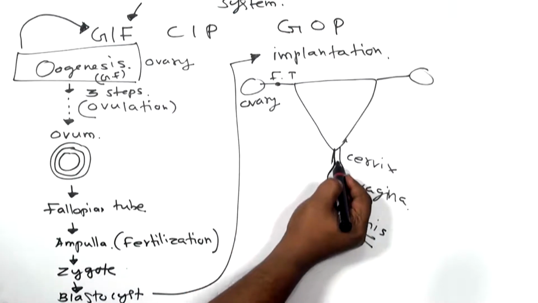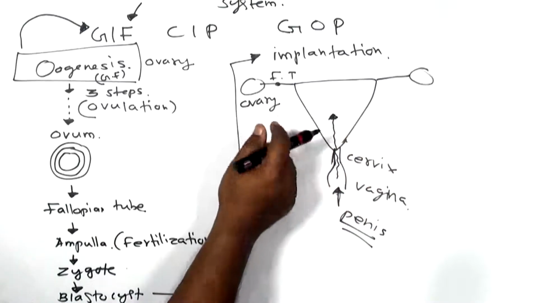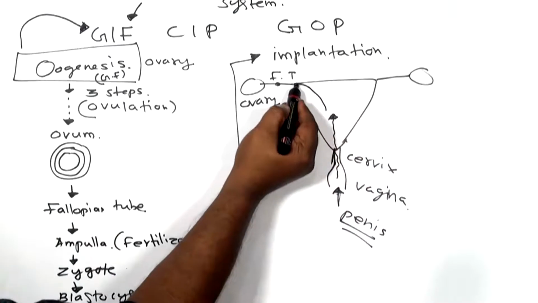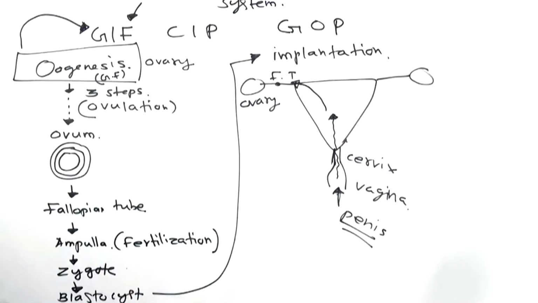That sperm will swim in this location and try to reach the fallopian tube. So this is what is going to happen.